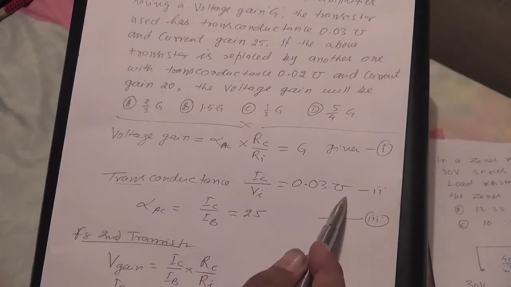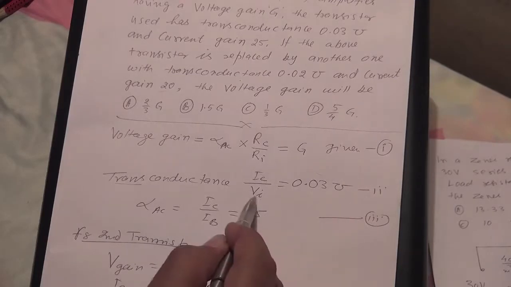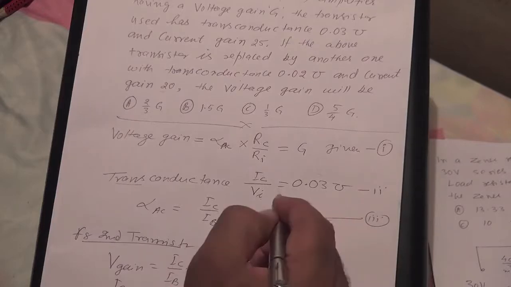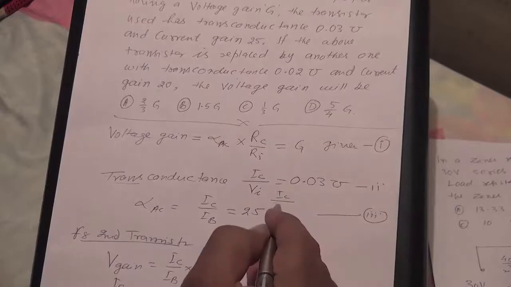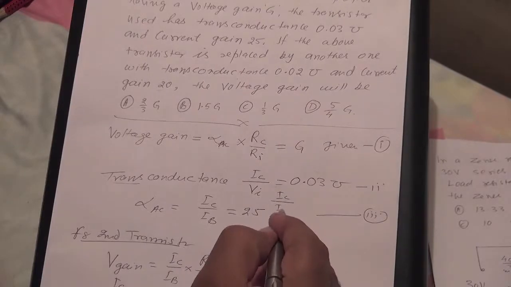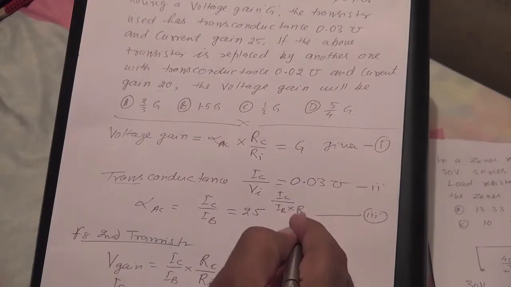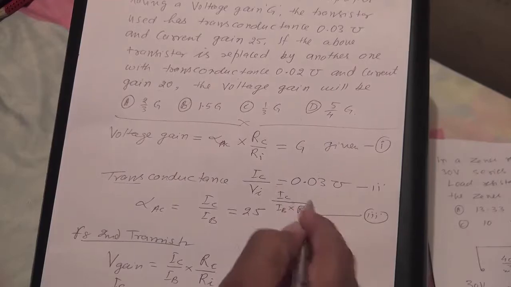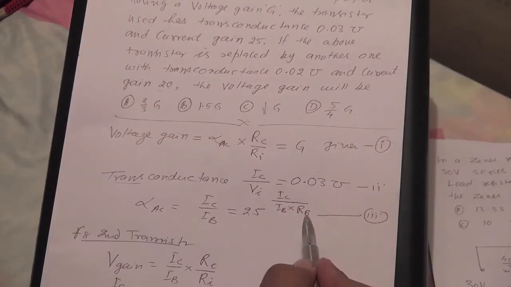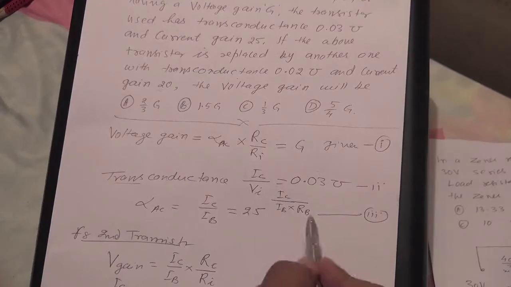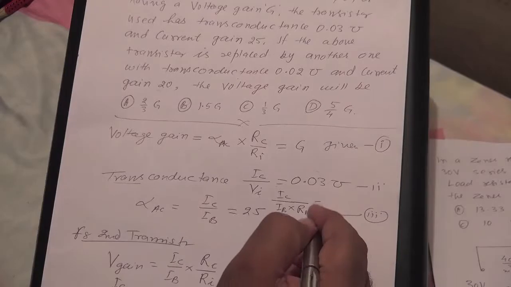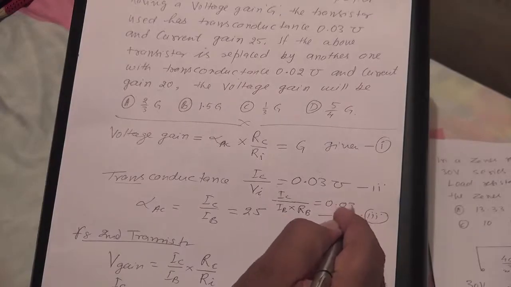अब तरीका देखिए, ये है IC अपॉन VI इज इक्वल टू दिस। ये जो VI है दिस कैन बी रिटन एज IC अपॉन V इज इक्वल टू I into base multiplied by resistance of the baseline. Resistance input multiplied by current input gives the voltage input, and this is equal to 0.03.